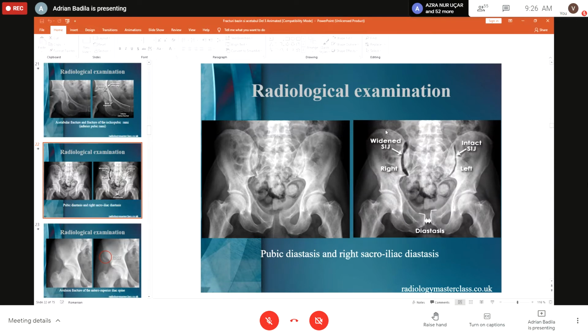That means that we have a lesion of the pelvic ring with vertical and rotational instability, because we don't have any bones between this hemipelvis and the rest of the pelvic ring. And this hemipelvis can rotate, but it can also go up and down.